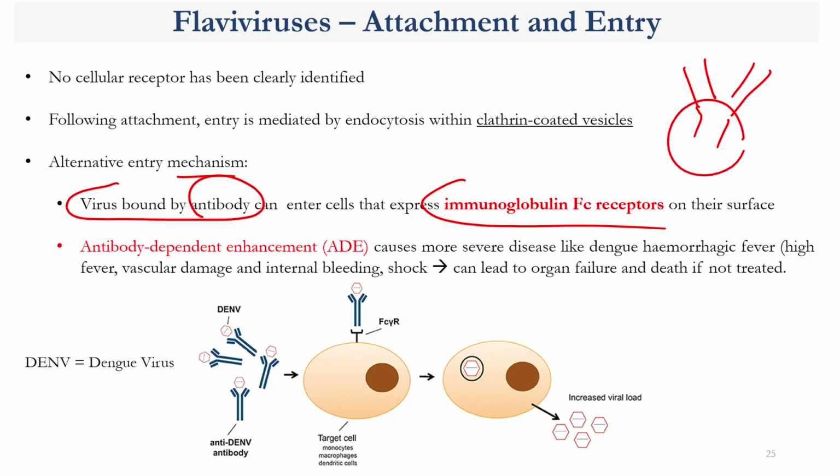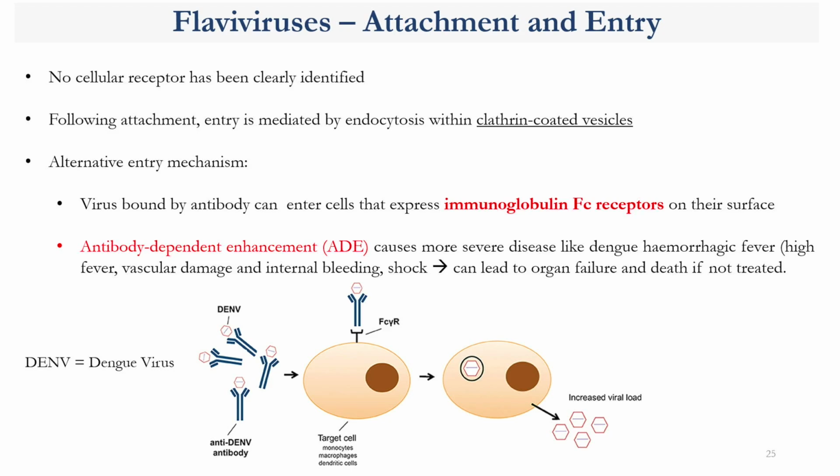This part right here? Yeah. So that's the Fc structure on the antibodies, and it has specific receptors on some types of cells which recognize that structure. So what we get is an antibody-dependent enhancement, because this increases the severity of the disease, okay?